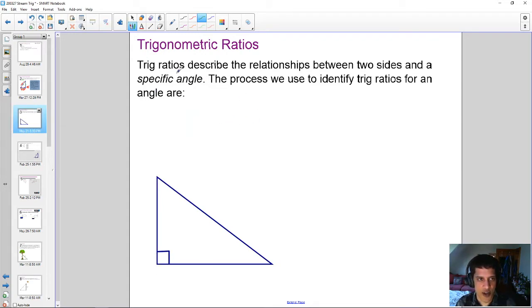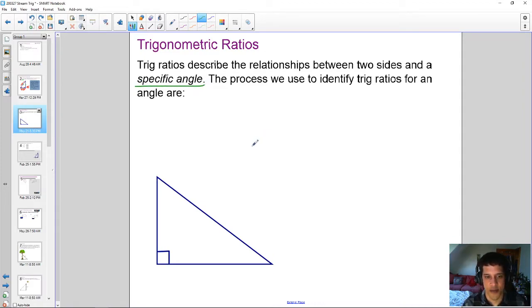So for our trigonometry, we use three basic primary trigonometric ratios to describe the relationships between two sides and a specific angle. Okay, and the process we use for that goes like this. Now it's really important that we recognize that we're talking about a specific angle.